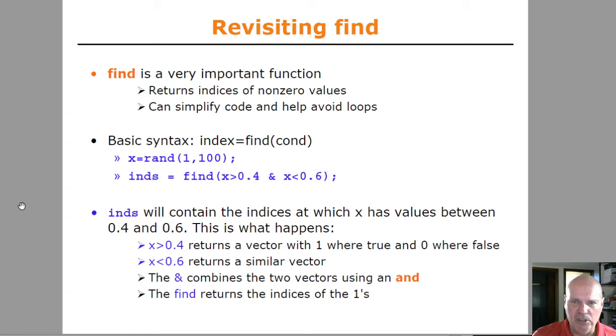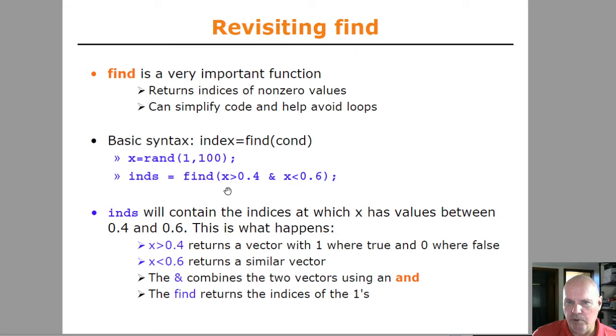So in this example, we want to find the number of values in a random vector that are greater than 0.4 and less than 0.6. One way to do that would be, after we form the vector, we could loop through it and then increase a counter every time we found a value within the range.